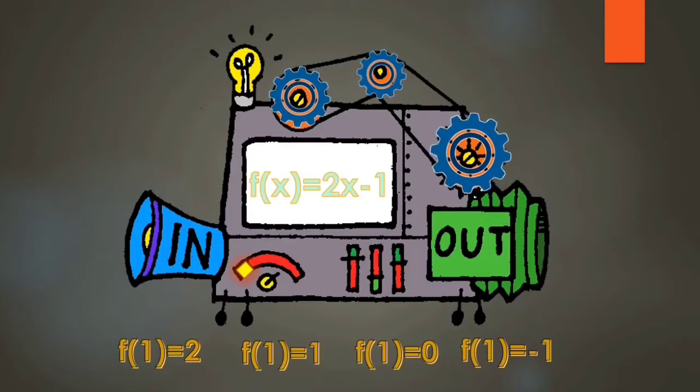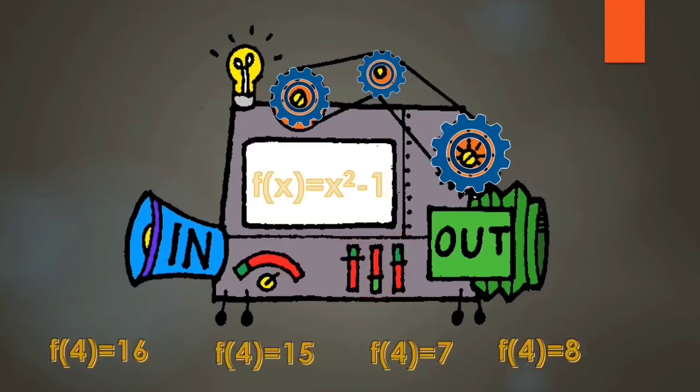How about 1? 2, 1, 0, or negative 1? Correct, it's 1. How about 4? 16, 15, 7, or 8? You're right, it's 15.